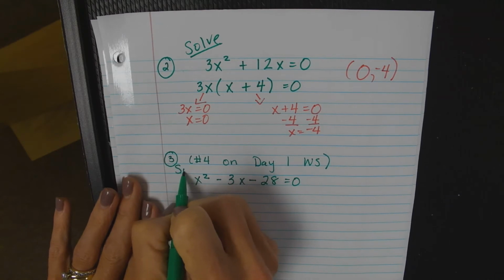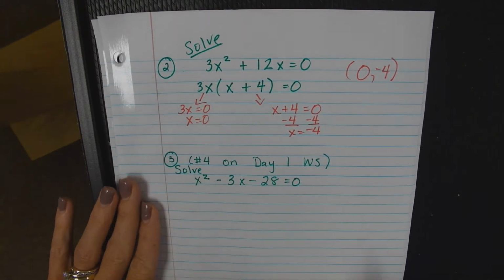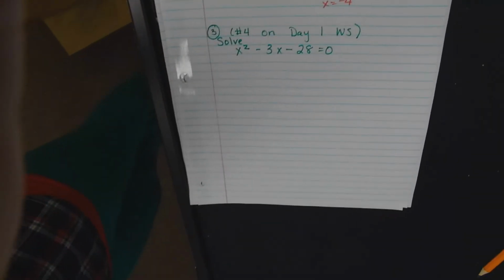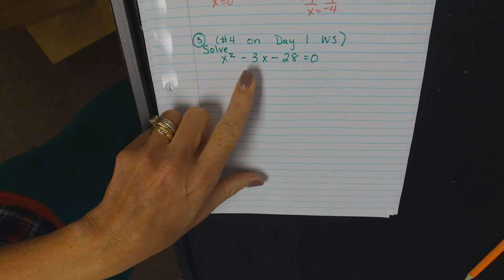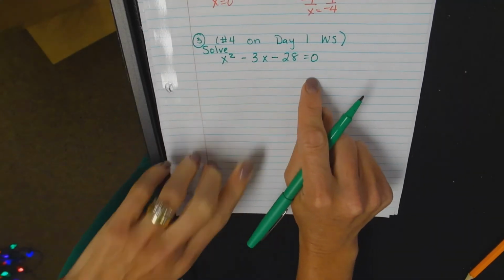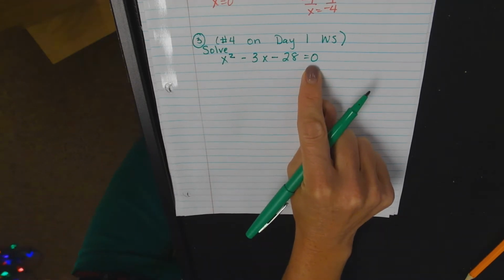The directions say solve. We have 3 terms, like Taylor said: 1, 2, 3. It's already set equal to 0.